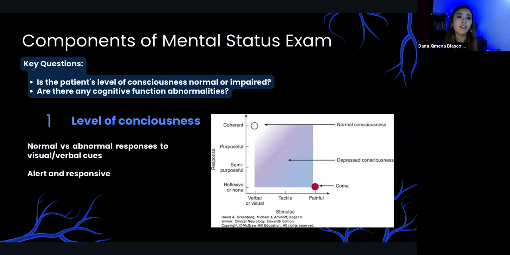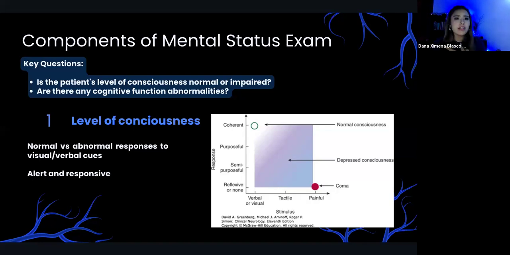Okay, so first, level of consciousness is normal or impaired, or abnormal responses to visual and verbal cues. What is a cue? Like visual and verbal, I'm the examiner. I'm going to make the cue, and I'm going to examine the patient's response to my cue. So when the patient is alert and responsive, he's awake, he's talking and he answers our questions.